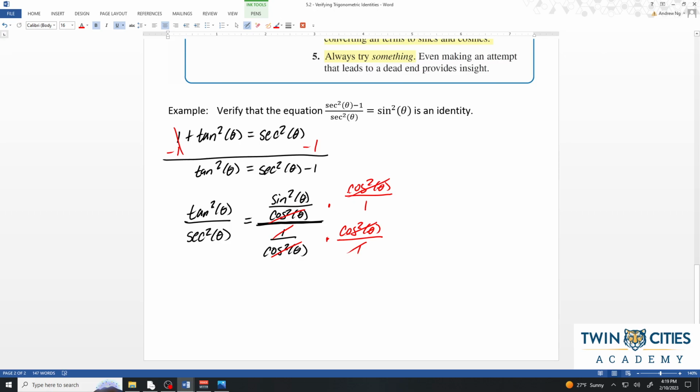The cosine squareds here can divide out. So this leaves me with sine squared of theta. So now I've changed the left side from secant squared of theta minus 1 over secant squared of theta to match the right side. Sine squared of theta equals sine squared of theta. This is an identity.